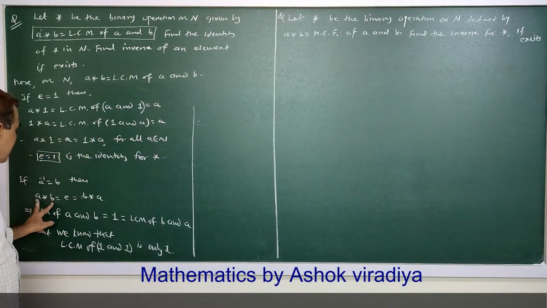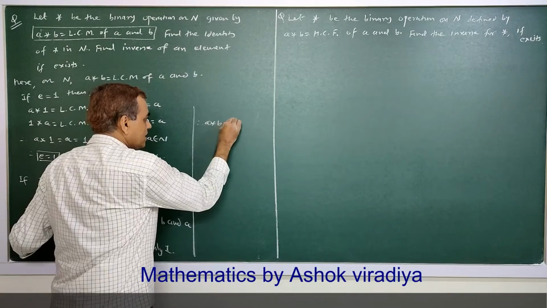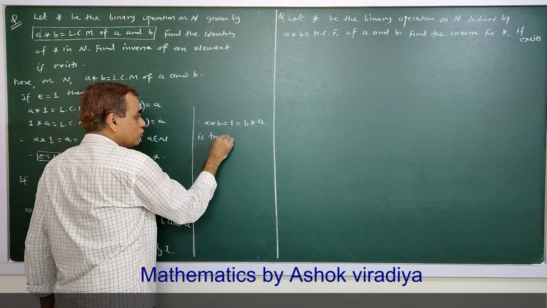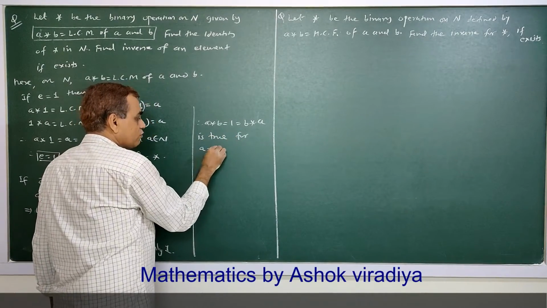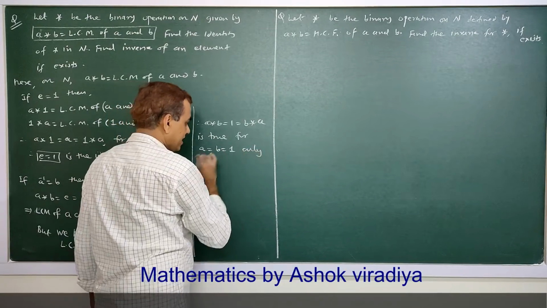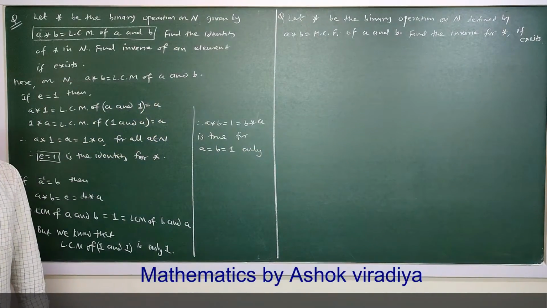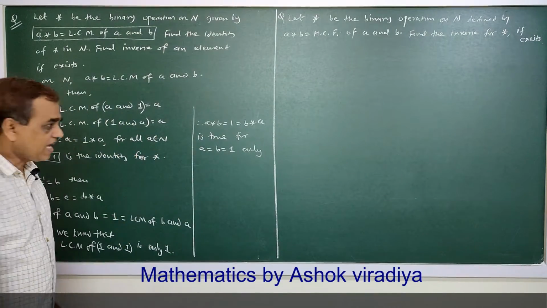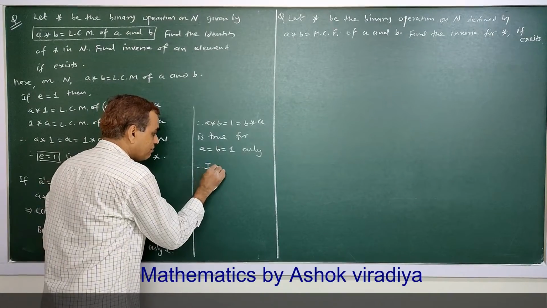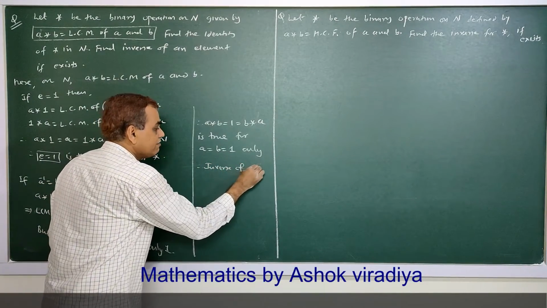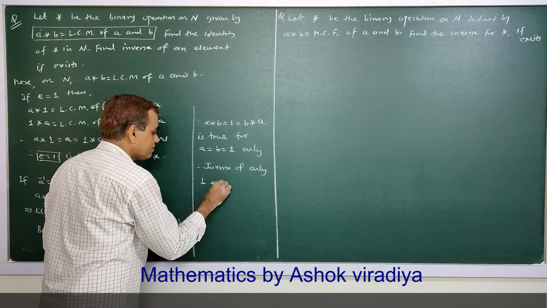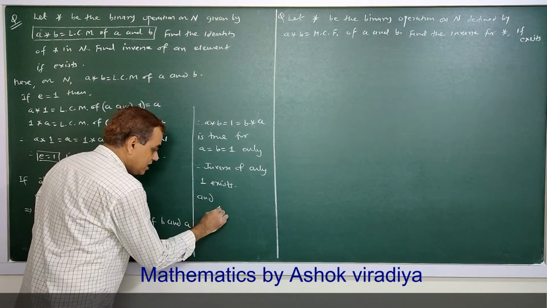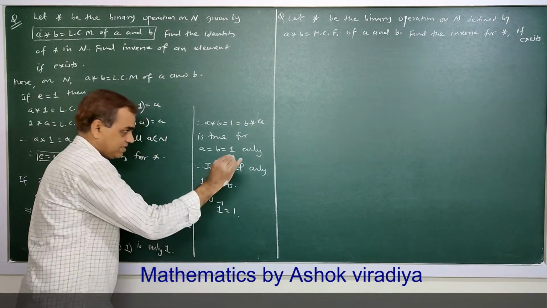Therefore A star B equal to 1 equal to B star A is true for A equal to B equal to 1 only. So the inverse of 1 is 1. Therefore the inverse of only 1 exists, and the inverse of 1 is 1.